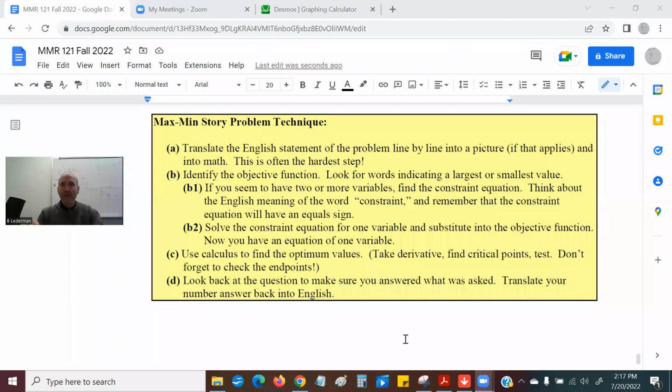The problem that we just did is an example of the max min problem or optimization problem, whatever you want to call it. Sometimes we call it applied optimization, sometimes max min story problem. The bottom line is that we may want to find a maximum or minimum cost, or a maximum revenue or area.